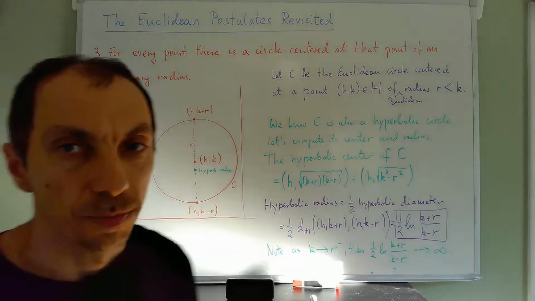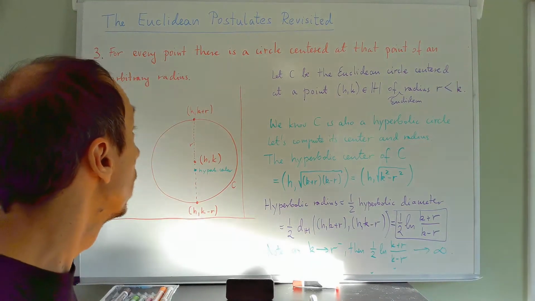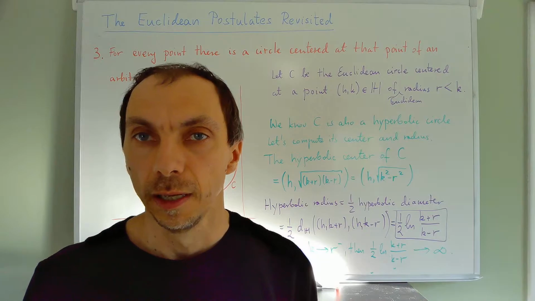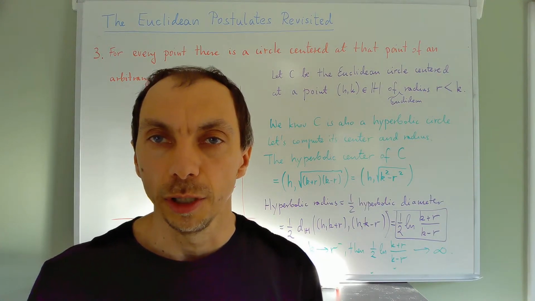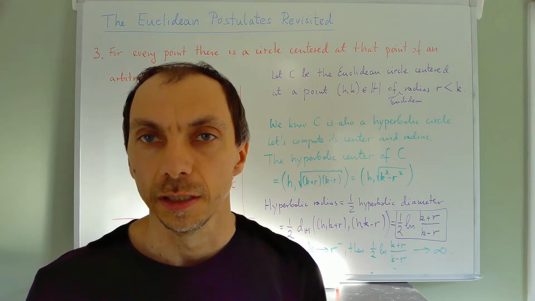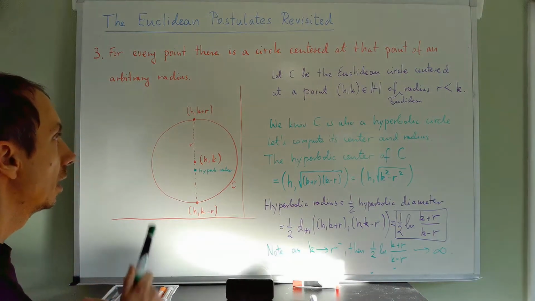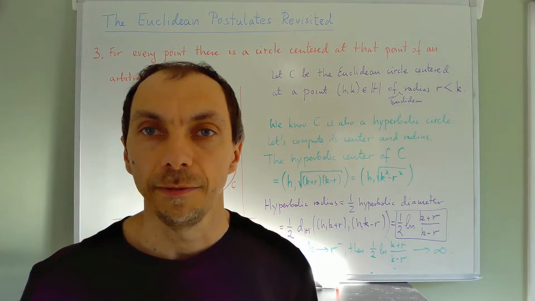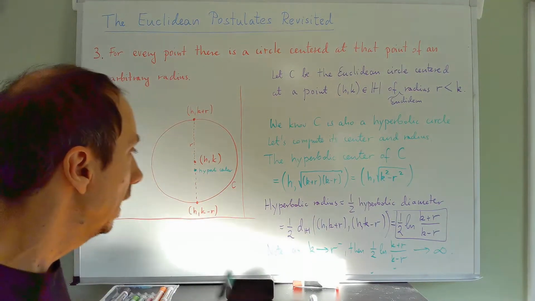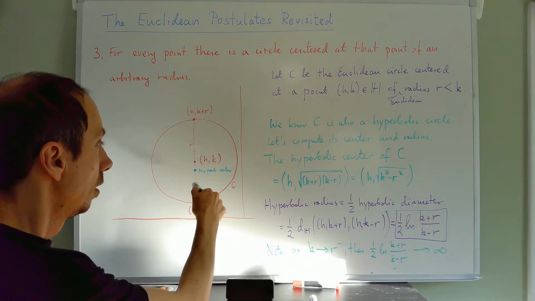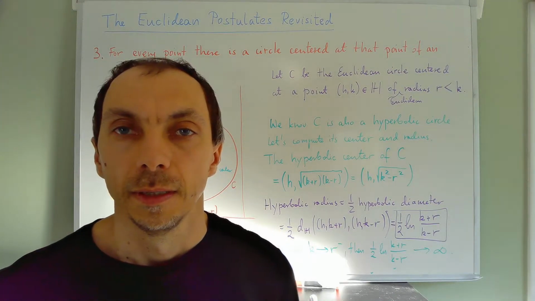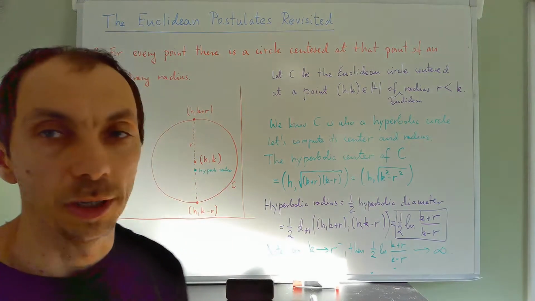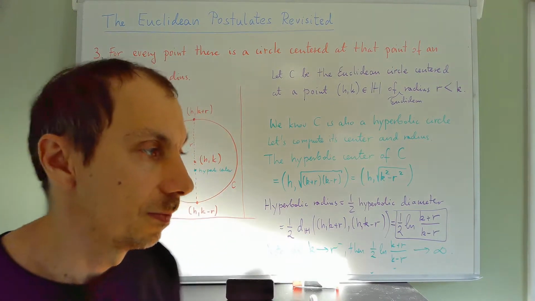There's something fishy about this proof, though. I wanted to say that given any point on the hyperbolic plane, there is a circle centered at that point of an arbitrary radius. But what I have proved is that given any point on the hyperbolic plane, (h, k), I can find a circle that has a different center, because that point is only the Euclidean center of this circle.